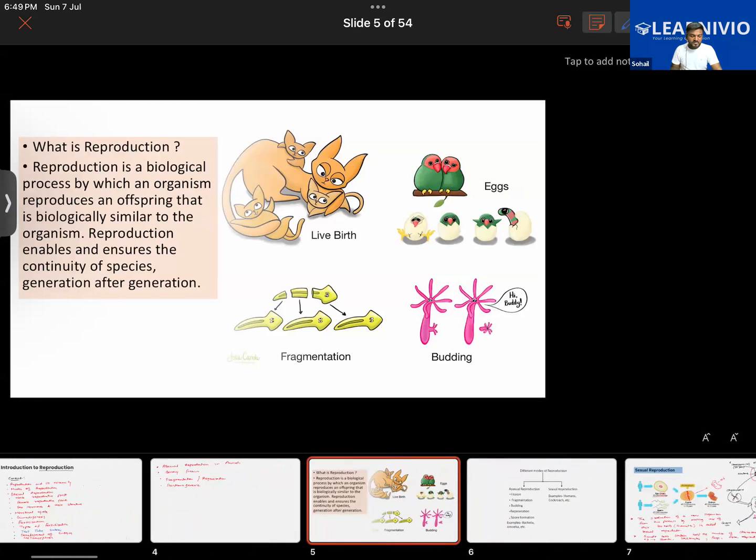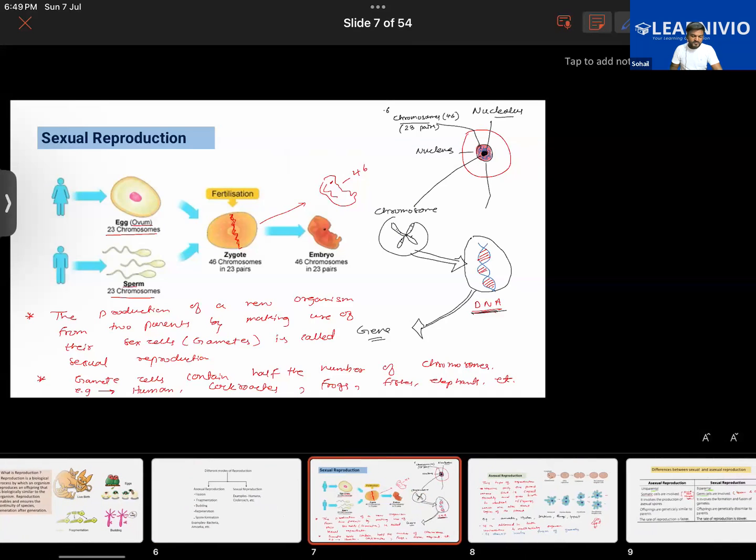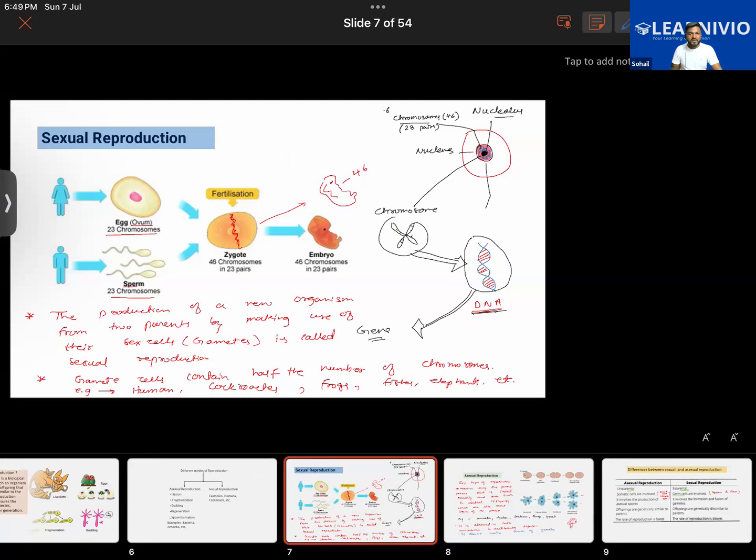We learned what reproduction is and why it is important. We learned about different modes of reproduction. Right now we are learning about the sexual mode of reproduction. Once this topic is finished, we will move on to the asexual mode. In sexual reproduction, in humans and most animals, the sex cells of the male and female parent fuse together to form a single cell called a zygote, which grows into an embryo.